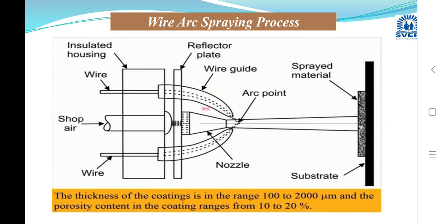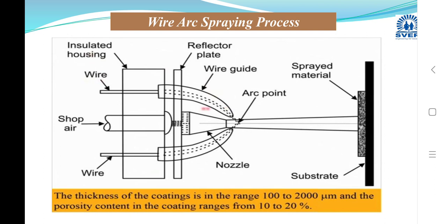So this is the second type of coating, that is wire arc spraying. In arc spraying, as I mentioned to you, you are using an arc as a source of heat. The arc is generated from consumable wire.